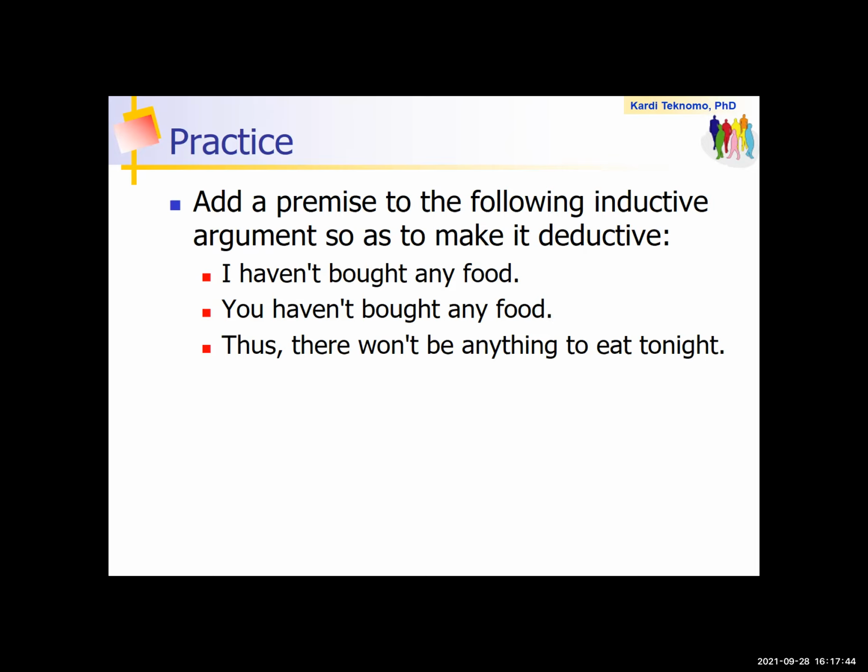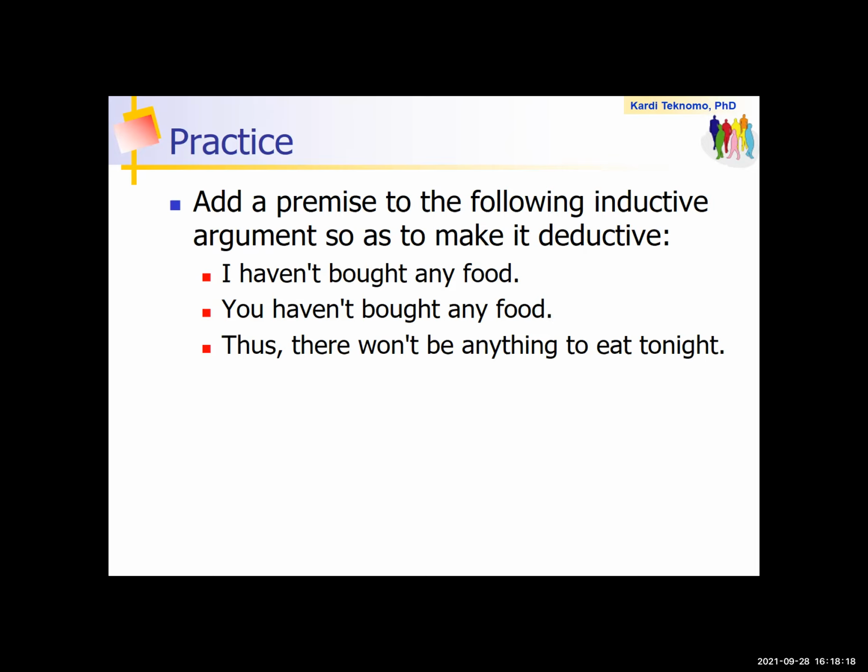Why is this inductive first? There might be food at home. Yeah, but why is this inductive? That is the question before adding a premise. Yes, because there might be food at home.